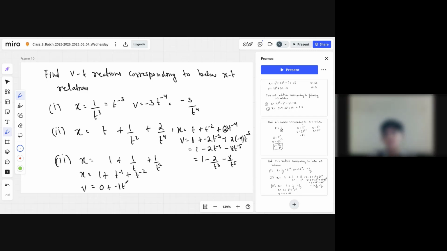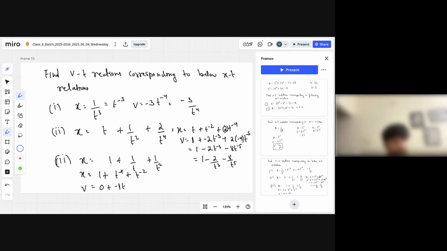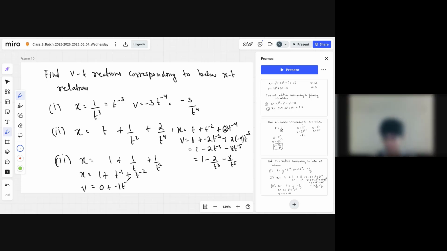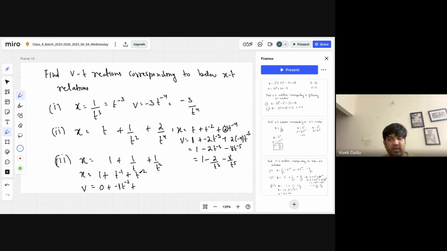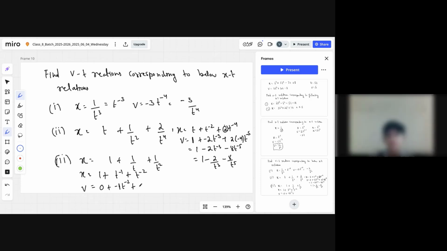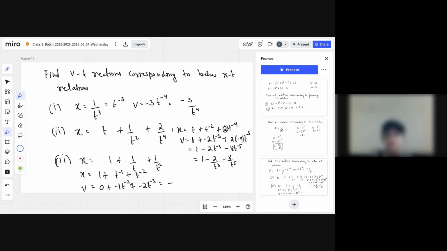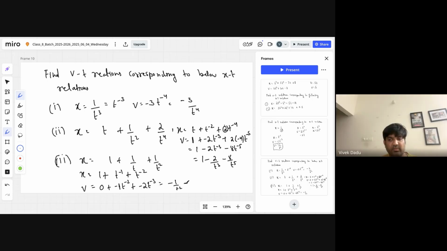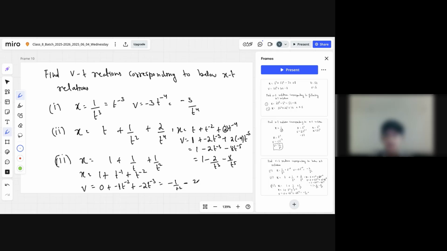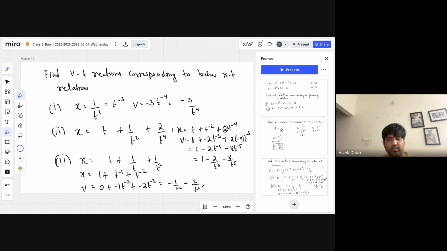Minus 1 t to the power minus 2. And then what happens to this? Minus 2 t to the power minus 3. Now simplified. 0 is 0 only. Plus minus 1 means minus 1 by t square. And then this also becomes minus 2 by t cube. Okay.